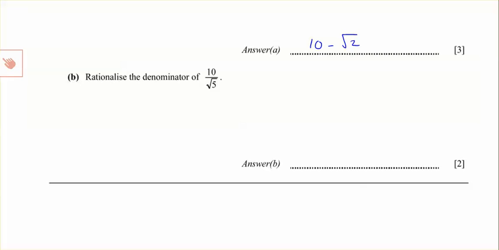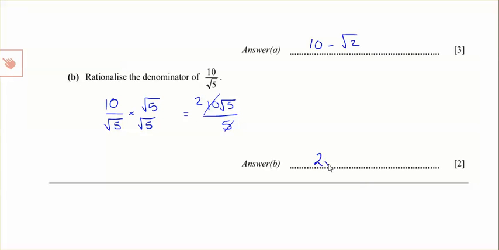Again, this one, 10 root 5. To rationalise the denominator, again, multiply by 1, but make sure the bottom is. So again, we've got 10 root 5 over what? 5. And then the final step, 10, 5 makes 2.